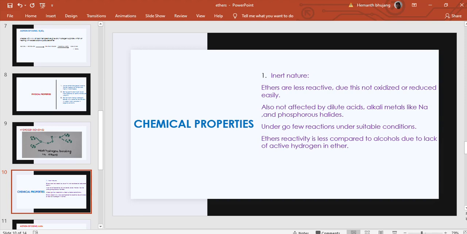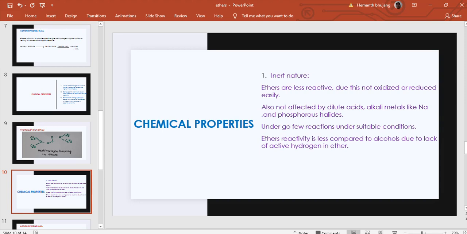Ether reactivity is less compared to alcohols. In the previous slide, we discussed the boiling points of ethers compared with alcohols and confirmed that the boiling point of ethers is very much less. Now, one more comparison: the reactivity of ethers is very low compared to alcohols.